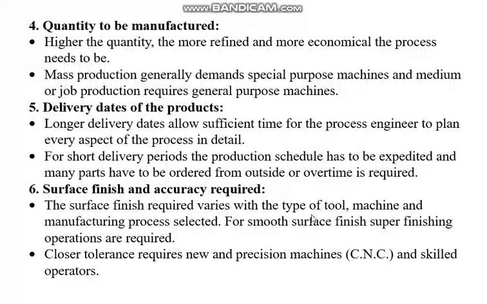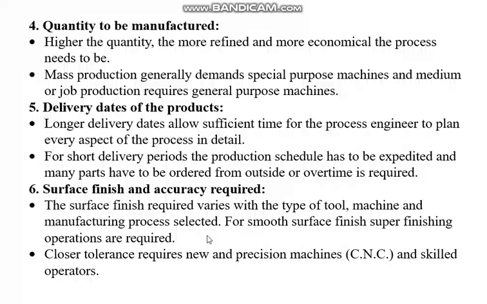You may have high speed steel (HSS) bits, or you may have carbide tips, or any other tool, depending upon that the surface finish varies. And also different machines may give you different surface finish, and different manufacturing processes may give you different surface finish. So for smooth surface finish, super finishing operations are also required.